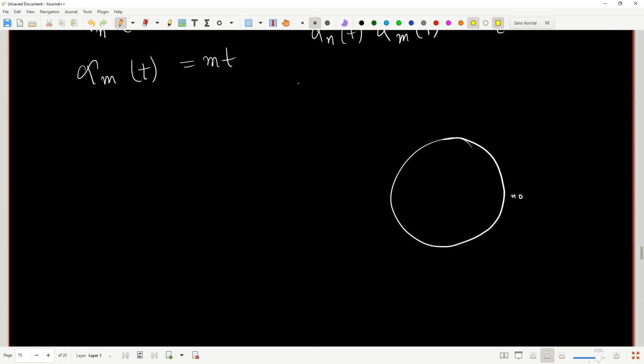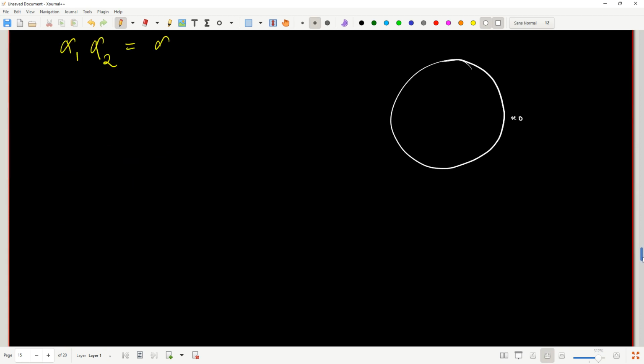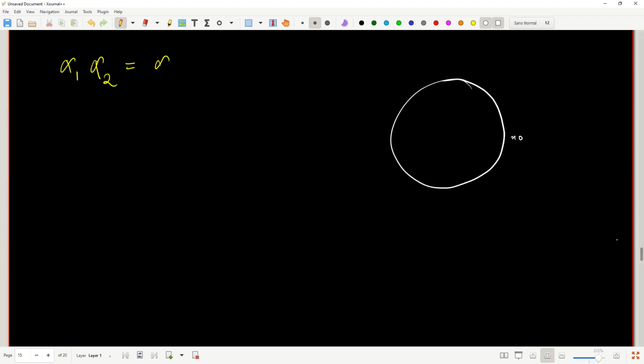Now let's say I have this multiplication, alpha 1 with alpha 2. Oops, sorry, it shouldn't be written over here. Instead I should write it like this, m plus n of t, which eventually means m plus n, but I should write it like that because that's the appropriate way to write it.